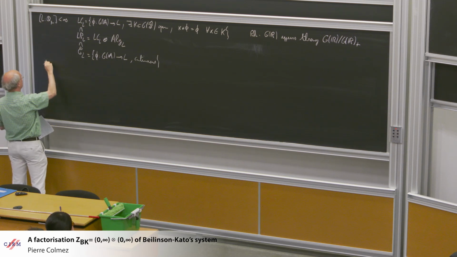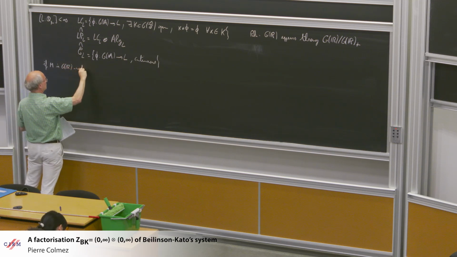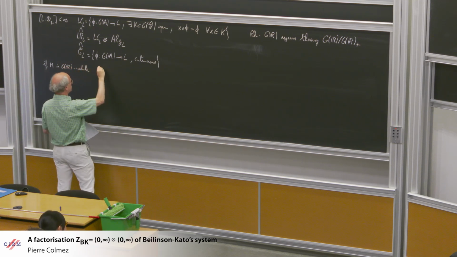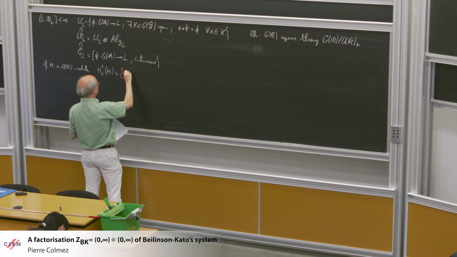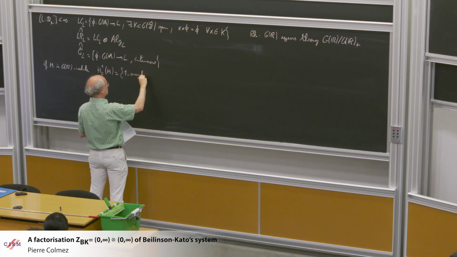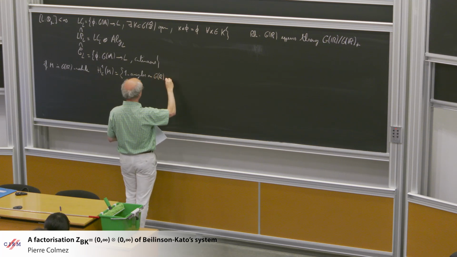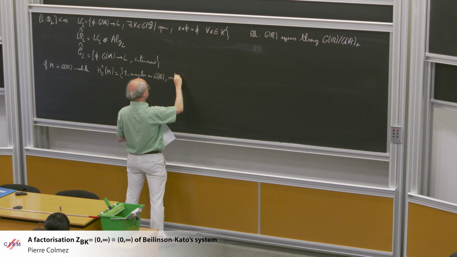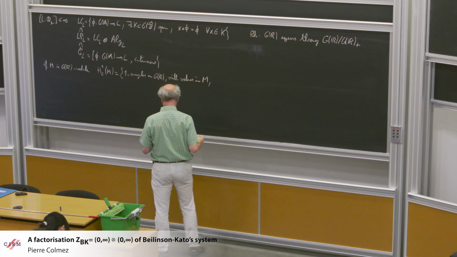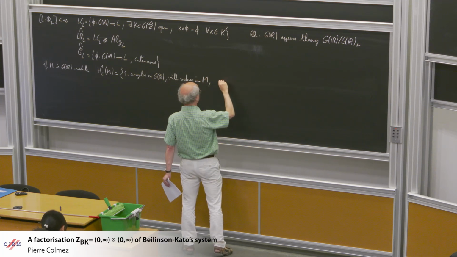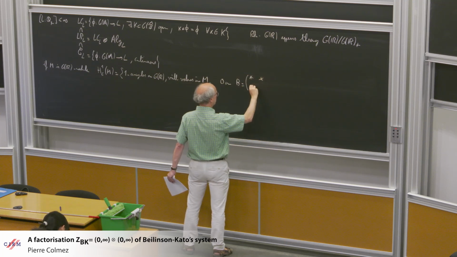So if M is a G of Qp module, I want to define H^1_c of M to be the set of 1-cocycles on G of Q with values in M, and I want them to be trivial on the Borel, so 0 on the Borel, which is just this one.